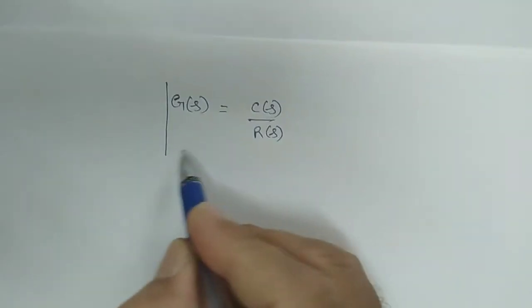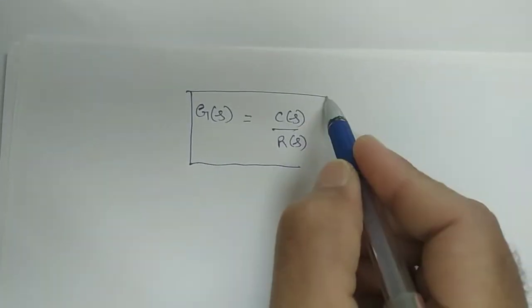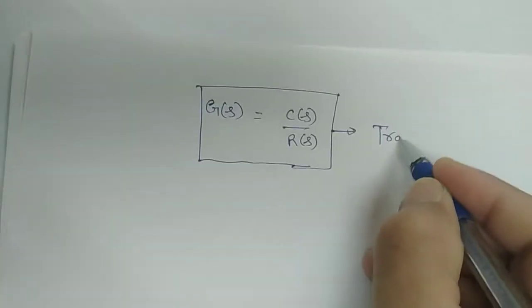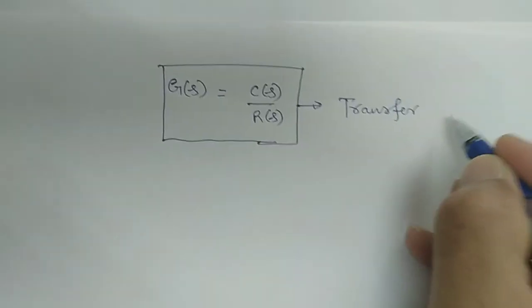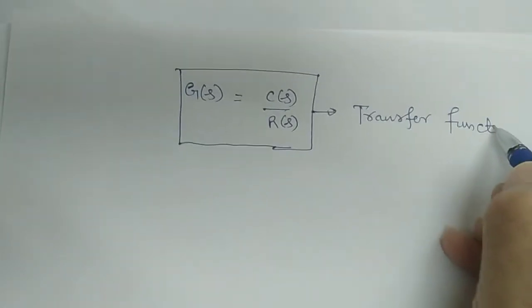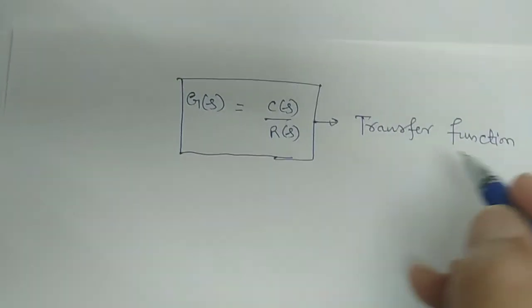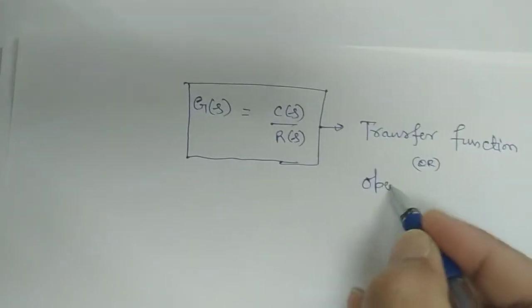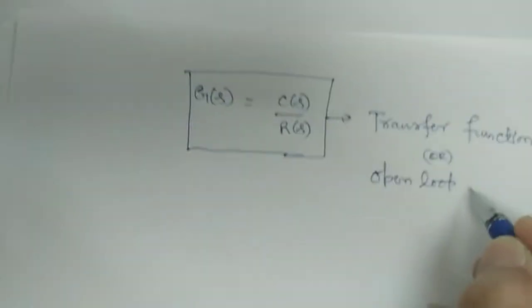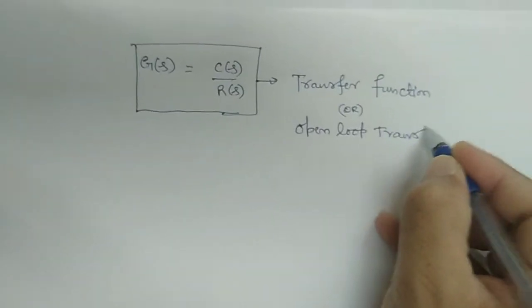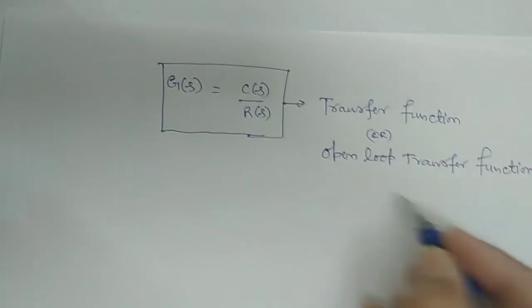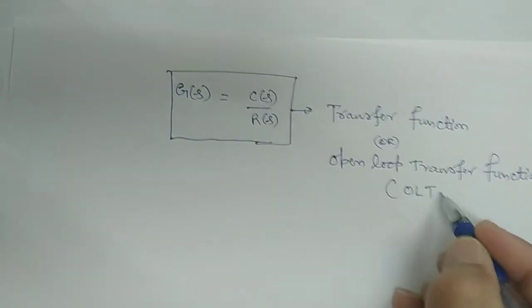This is what your transfer function is. Sometimes it is also called the open loop transfer function, that is nothing but OLTF.